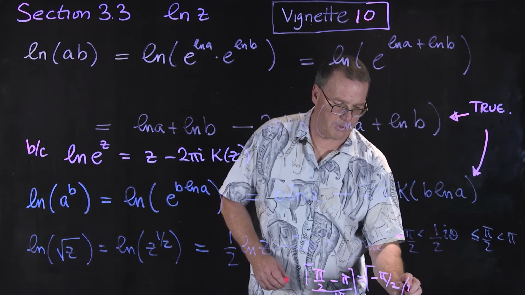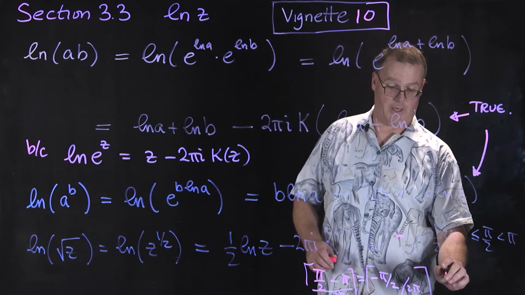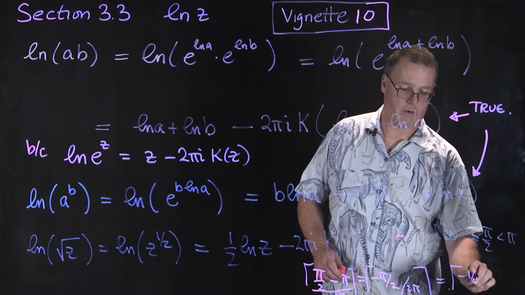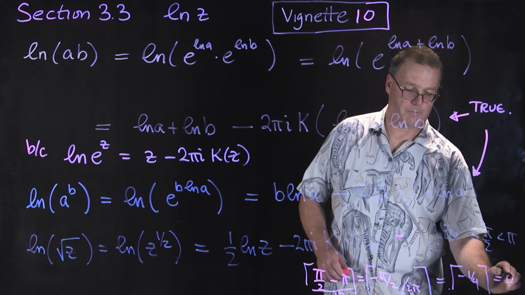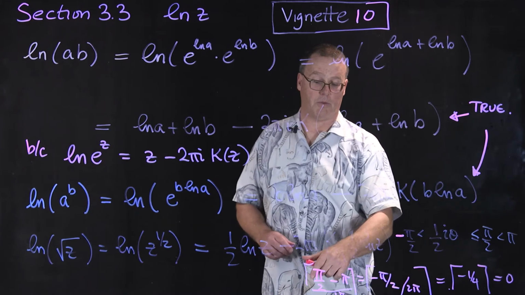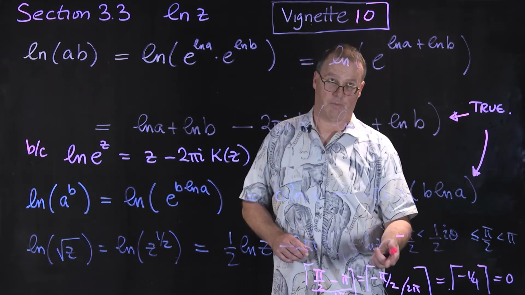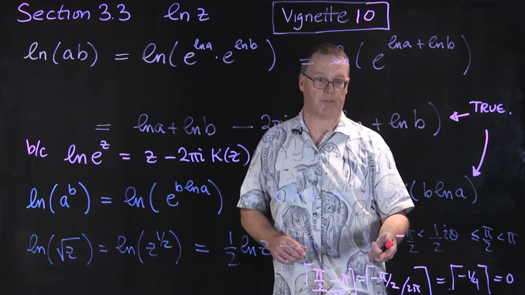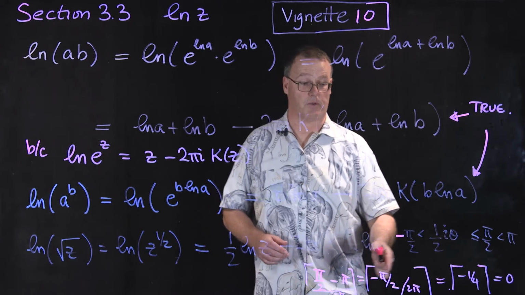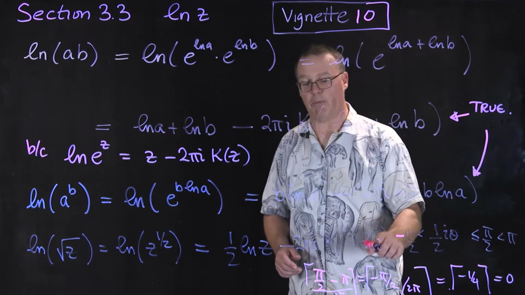The ceiling of minus 1/4 is 0. And at the lower limit, it's also true. Minus pi over 2 minus pi is minus 3/2 pi, divided by 2 pi is minus 3/4. So the ceiling of minus 3/4 is again 0, and so this number is always 0.